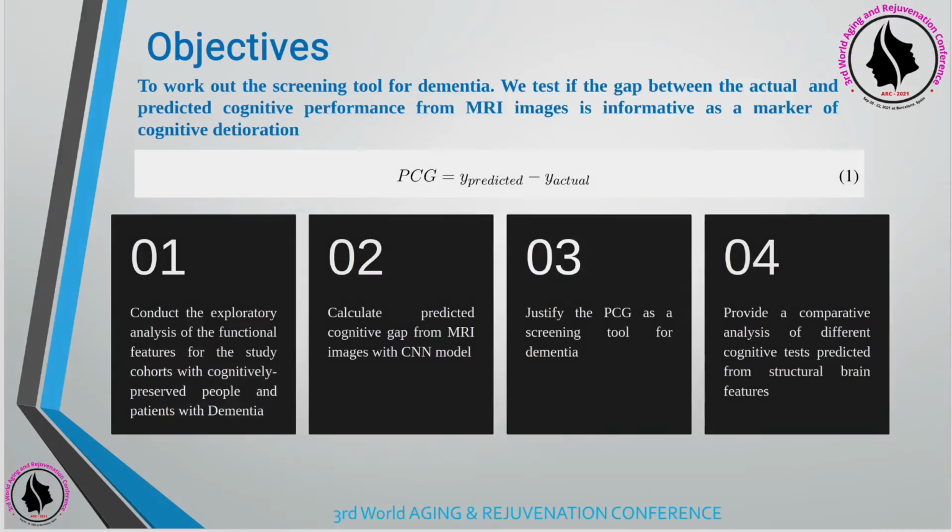Our objective here is to work out the screening tool for dementia by testing if the gap between actual and predicted cognitive performance from structural images can serve as a marker of cognitive deterioration.